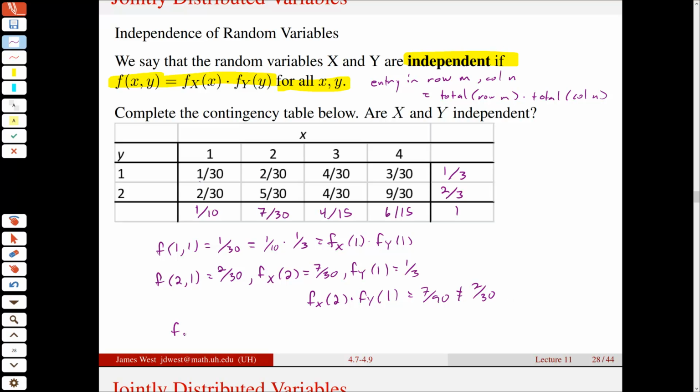So f of 2, 1 is not equal to fx of 2 times fy of 1. So x and y are not independent. They are only independent if it holds for every entry on the table.